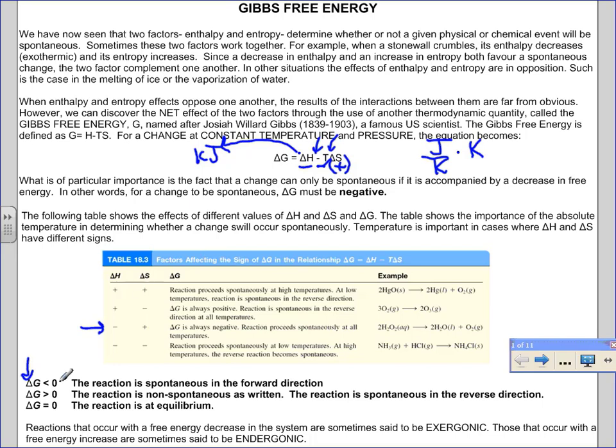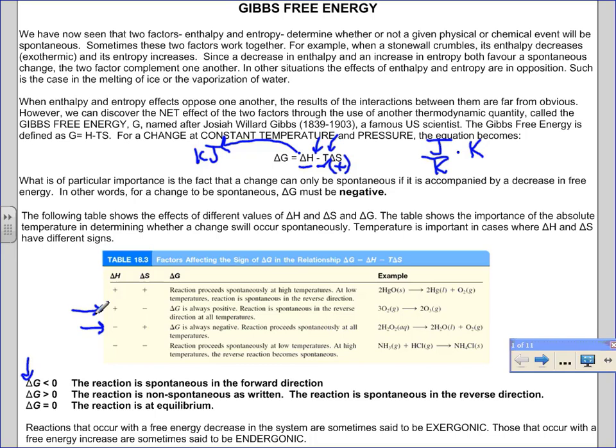Now, if the Gibbs free energy is negative, we know the reaction is spontaneous, and that means the opposite is true. If Gibbs free energy is positive, that means that the reaction is non-spontaneous. So an example of where we would have a non-spontaneous reaction always would be when we have an endothermic reaction where the entropy is decreasing.